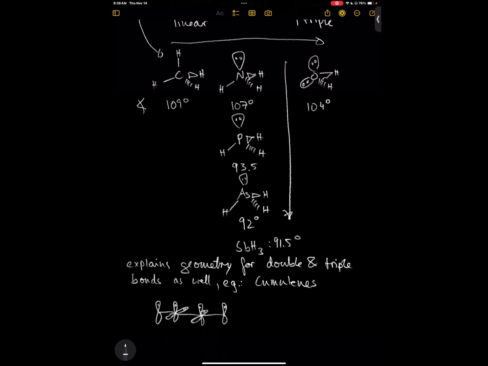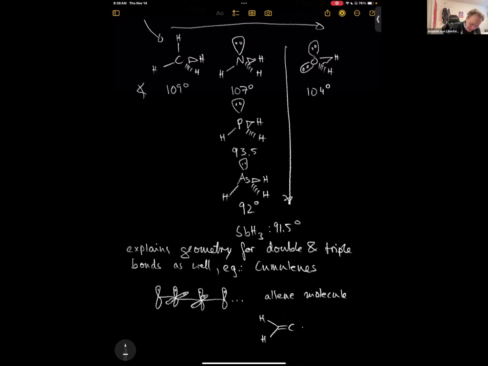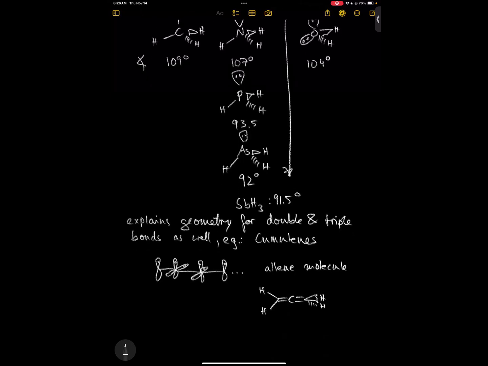Each double bond has 2 electrons, right? So an example for this is the allene molecule, which has this kind of structure, and 2 of the 4 hydrogens are above and below the plane, and 2 are in the plane.